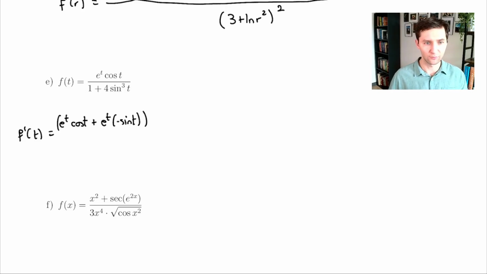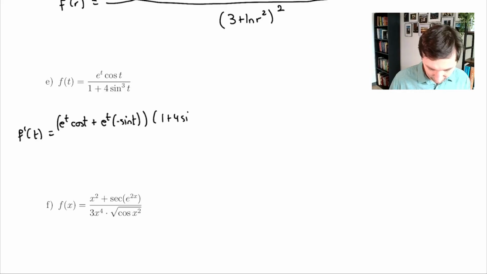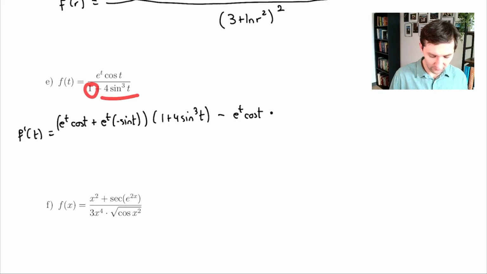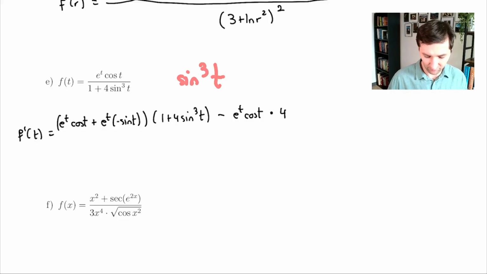According to the quotient rule, I multiply it by the bottom function, 1 plus 4 sine to the third power of t. I subtract from it the top function, e to the power of t, cosine of t, multiplied by the derivative of the bottom. At the bottom, the derivative of 1 is 0. The derivative of the second expression is, I rewrite the 4 by the constant multiple rule, and then sine to the third power of t is the same thing as sine of t to the third power.